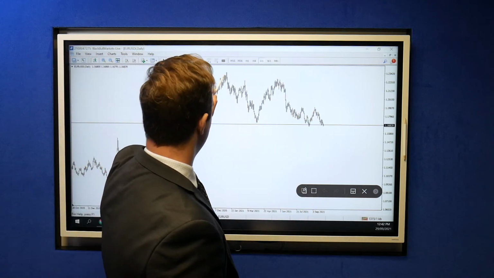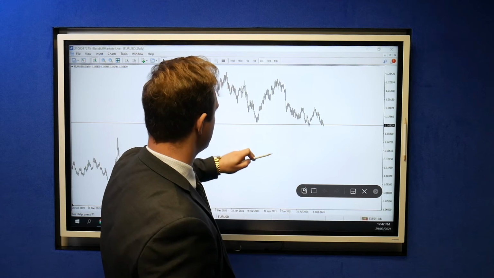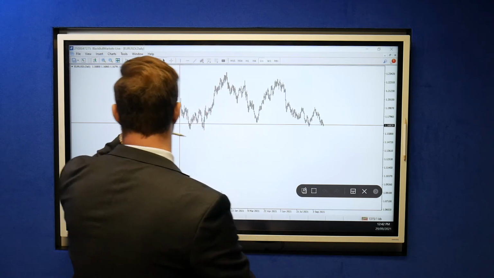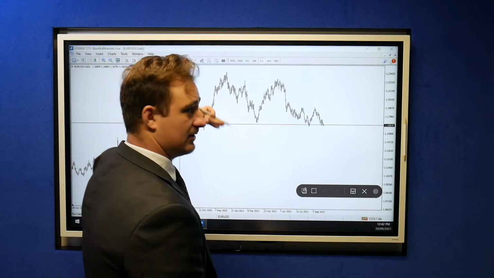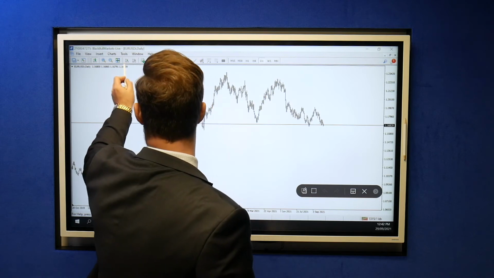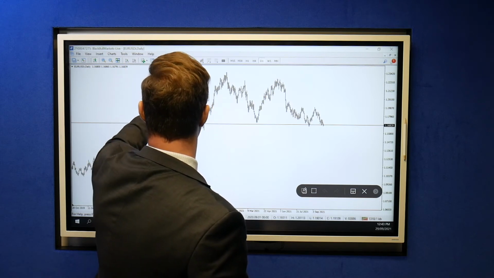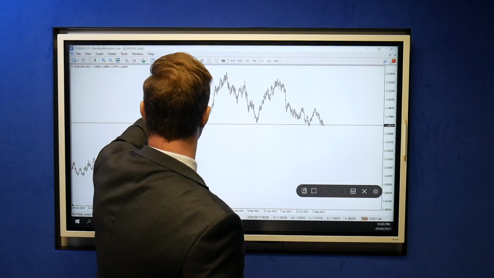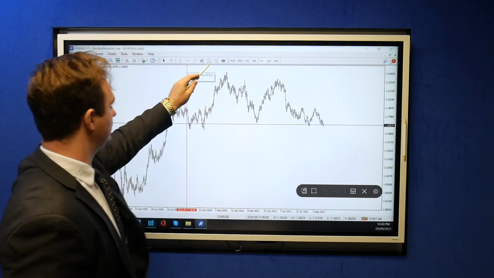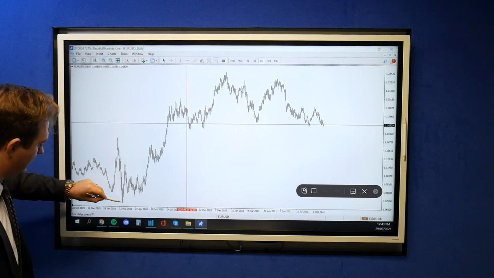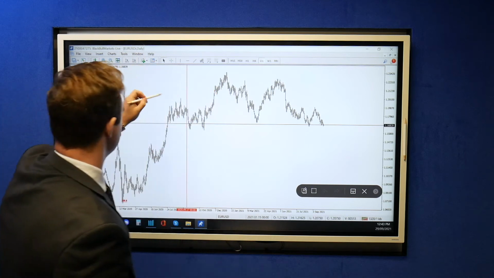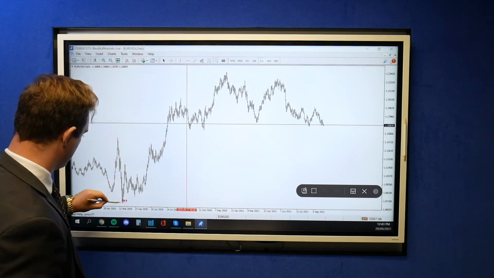Now again, we'll have a look at this A, B, C structure, and we'll break that down for the corrective waves inside of a zigzag pattern. All right, so let's pop it over there. Actually, before we do that, I want to see the whole retracement for this wave 1 structure. Let's have a quick look.